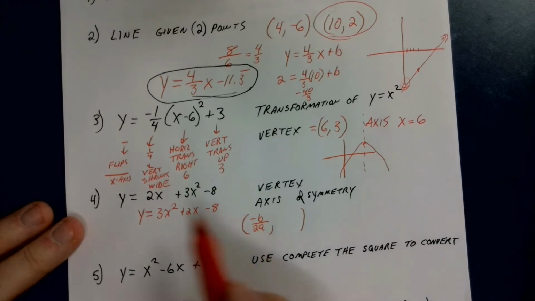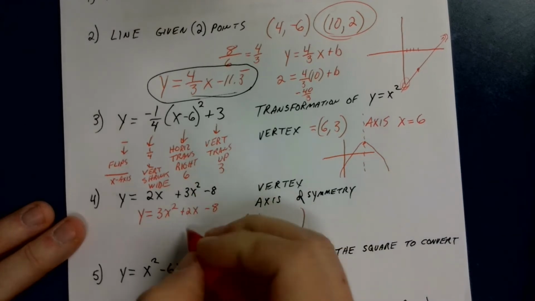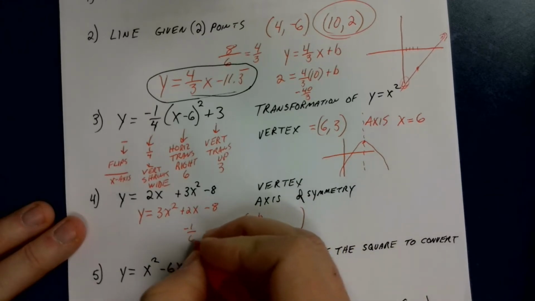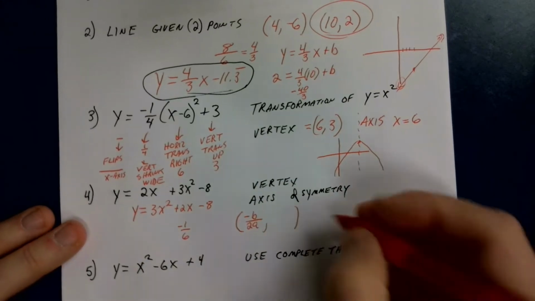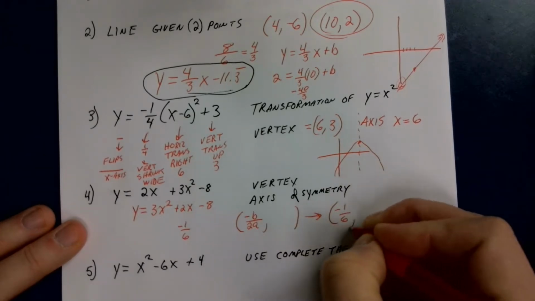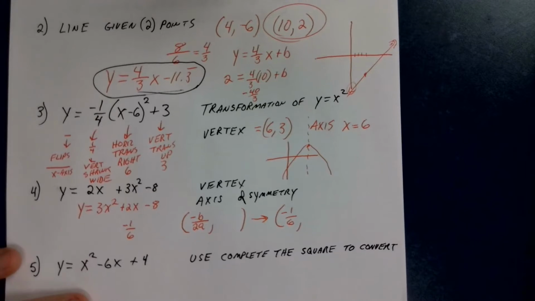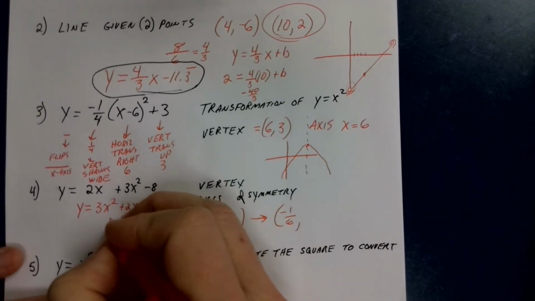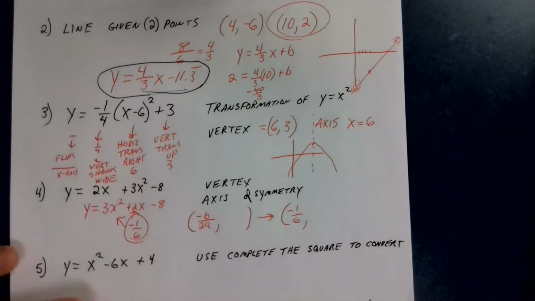So negative b, that's negative 1, over 2 times a, 2 times 3 is 6. So the x coordinate is negative 1/6.